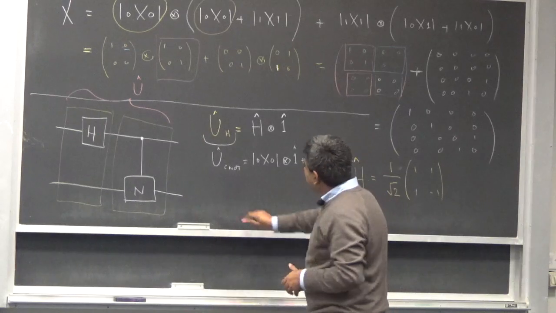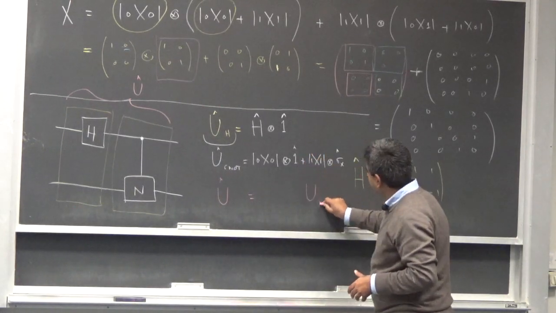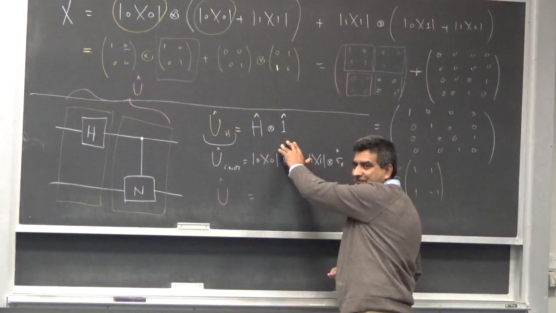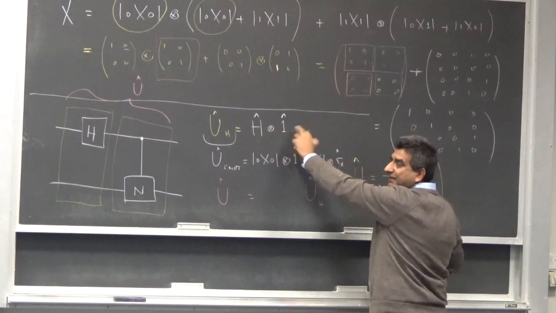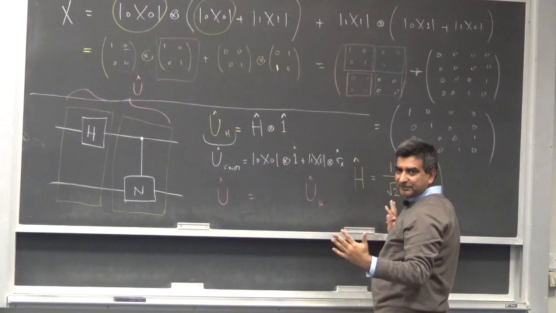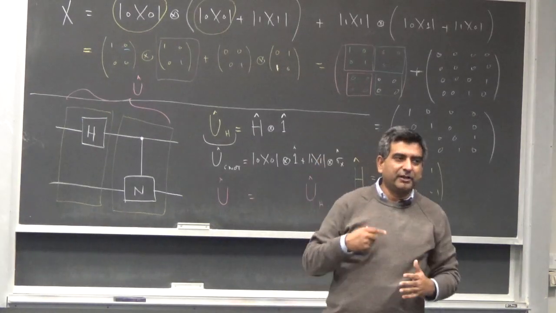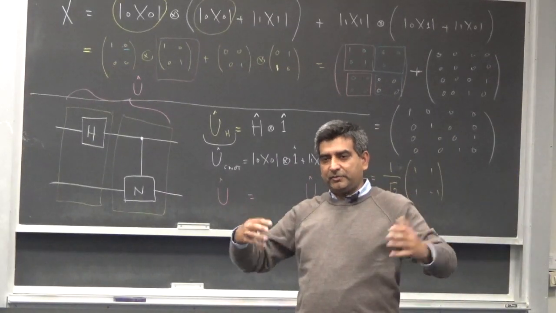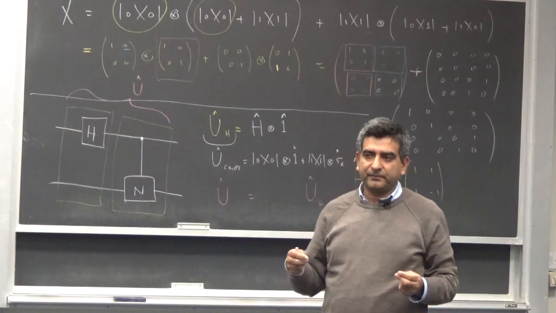So the big giant matrix for this U is simply going to be this UH, which is now a 4 by 4 matrix. Right? So H is this thing. I take the tensor product with identity, I'll get a bigger 4 by 4 matrix. And if you have some software like Mathematica or Qiskit, and Abdullah is going to give you a lecture on Qiskit, you can easily do this matrix multiplication, even in Python.